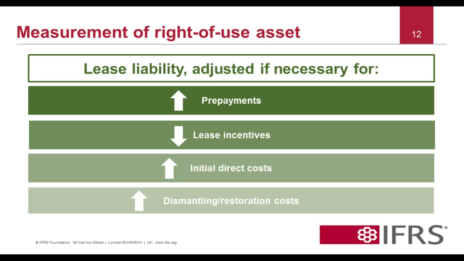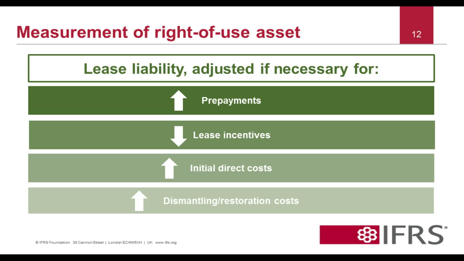Finally, the last item on the slide is dismantling and restoration costs. This might relate to a scenario in which a lessee, say, makes some changes to a leased asset and knows that it will be obliged to incur some cost to return the asset to its original state at the end of the lease. In that case, it's again appropriate that those costs will be depreciated over the life of the lease.